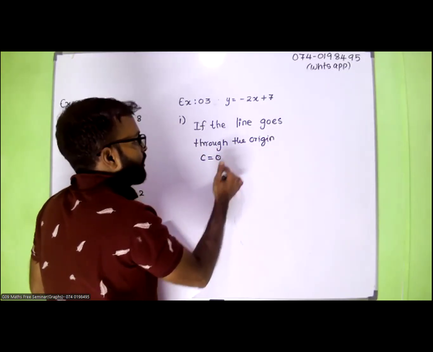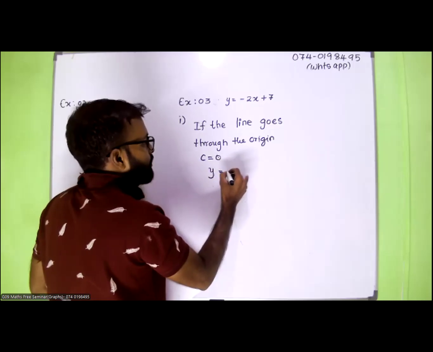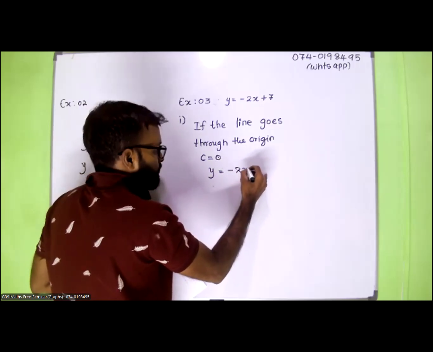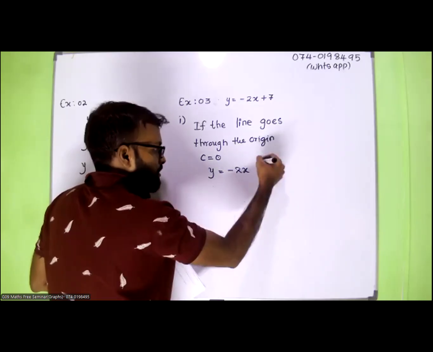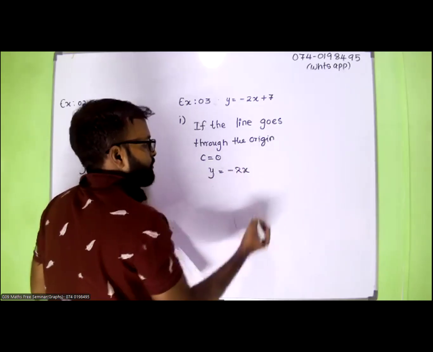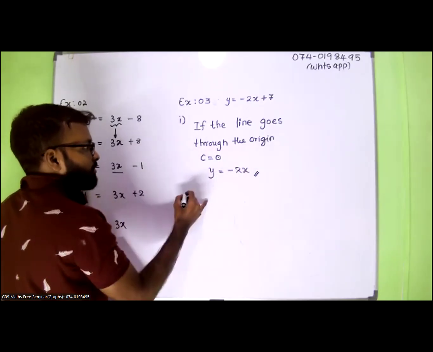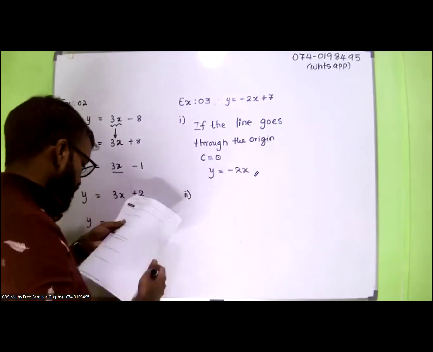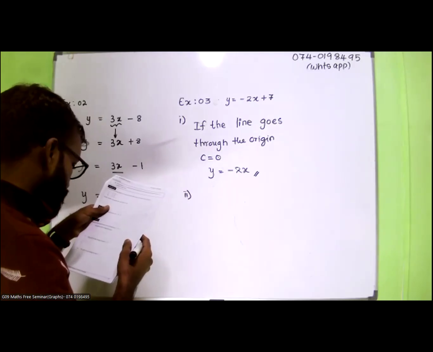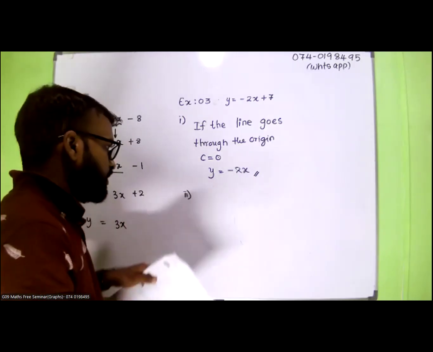So you can write y equals minus 2x. Here you have seen it, c becomes 0. So this is the line that goes through the origin. Then the second one: the graph line goes through the point 0, 3.